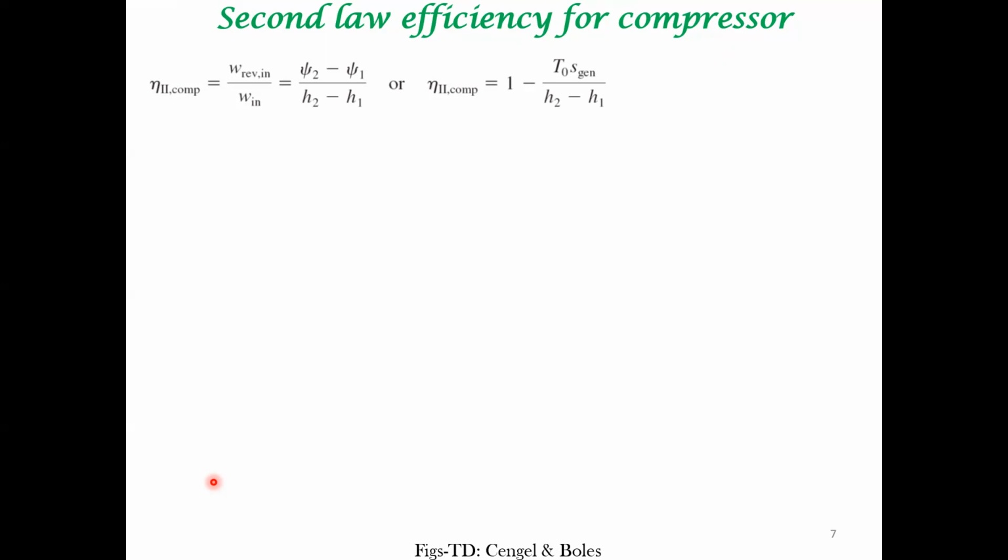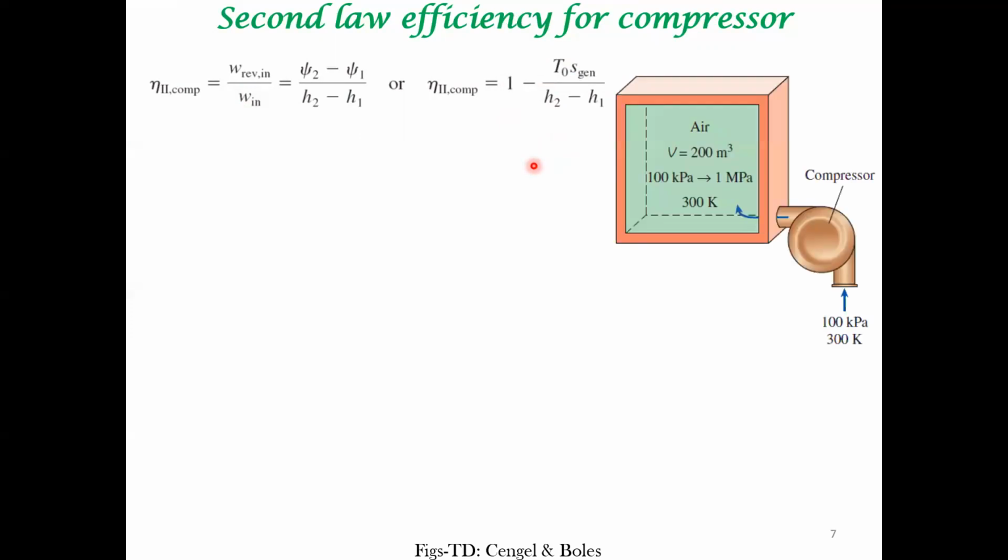Typically if the compressor is operating reversibly, you require less work. However, for a realistic system, the work that is required is much more than what you have for a compressor that is operating in a reversible manner. So we are just rewriting the efficiency in terms of entropy generation.